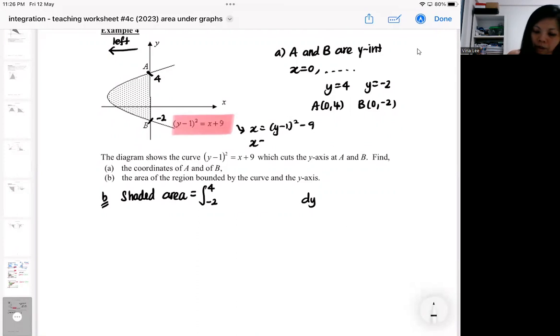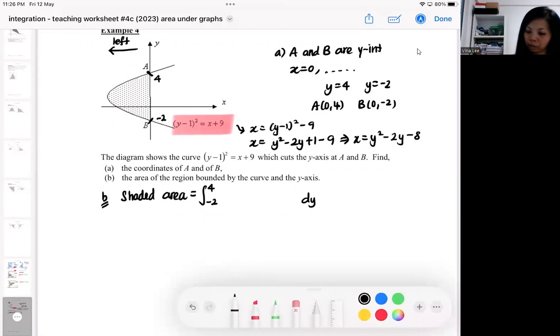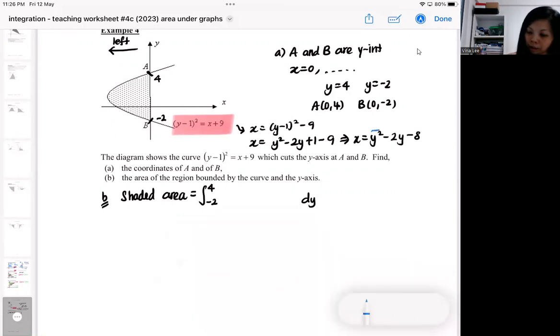I prefer to expand out everything so that later on my integration is a bit easier. So I'm going to manipulate the equation until x is my subject and everything else is in terms of y. So I'm going to put the equation here.